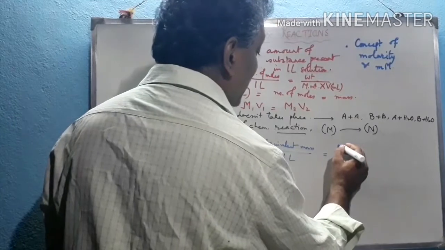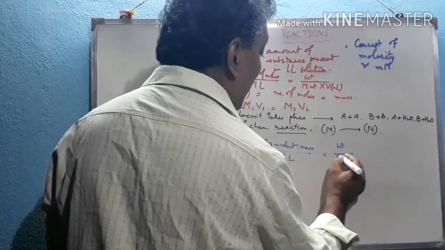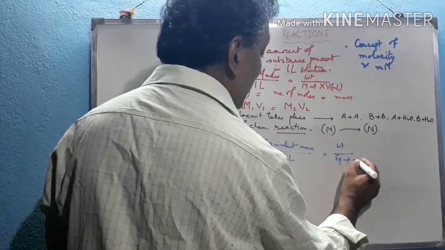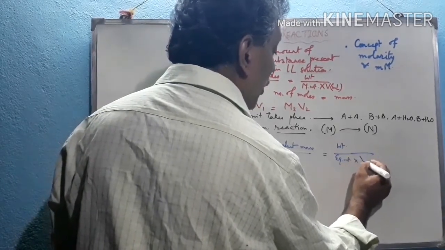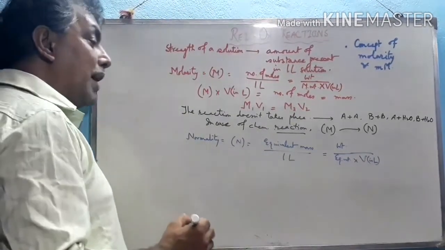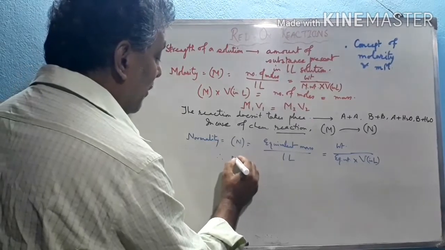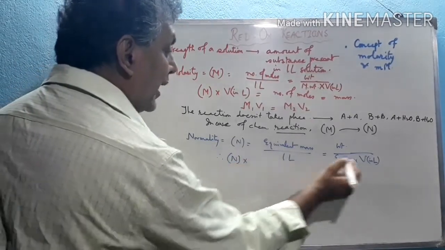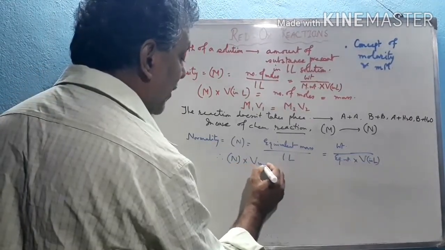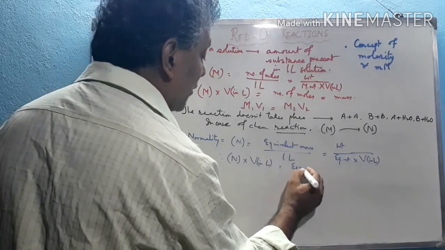That is the weight taken divided by its equivalent weight into volume in liter. Now this is the expression, weight by equivalent weight into volume in liter. Again, if we multiply normality into volume in liter, then it becomes the equivalent mass of the substance.